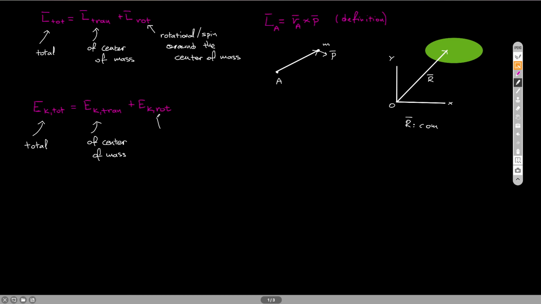This is the rotational kinetic energy, or spin, if you want. That is the kinetic energy of the solid object around the center of mass.